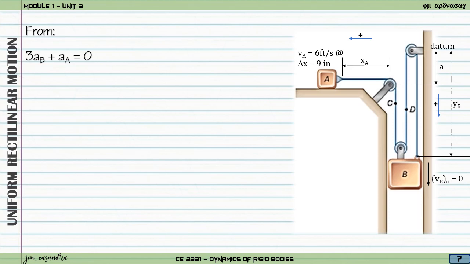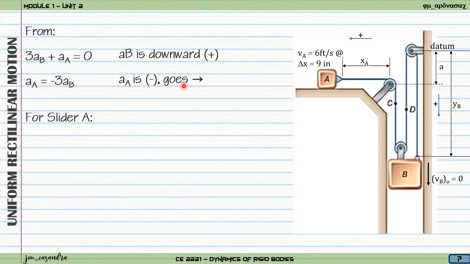So from our derived equation for the accelerations of B and A, we can take that the acceleration of block A is equal to -3 of the acceleration of block B. In this case, AB will be moving downwards, and we have assumed that downwards is positive. And A is negative, and from our assumption the positive direction is to the left, so negative of left will be moving to the right.